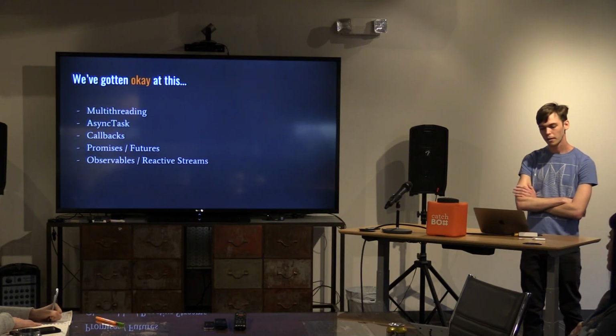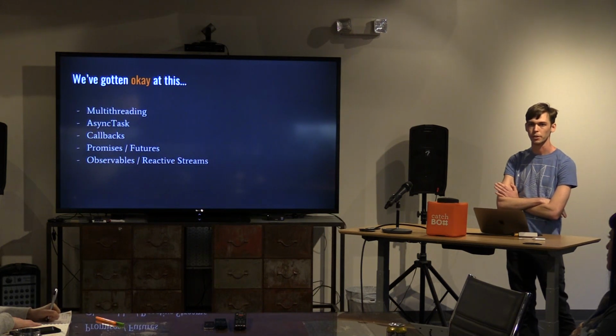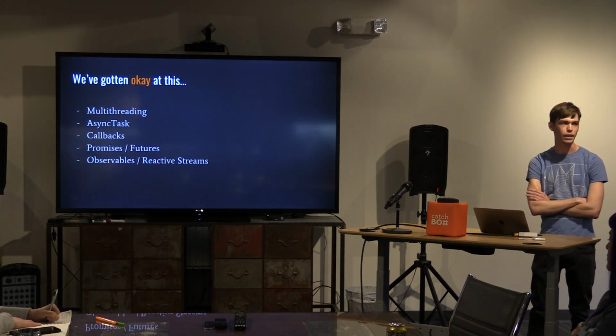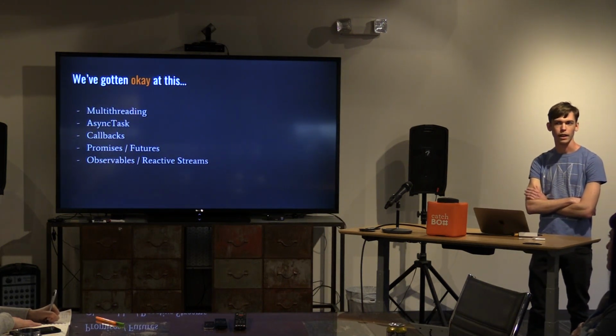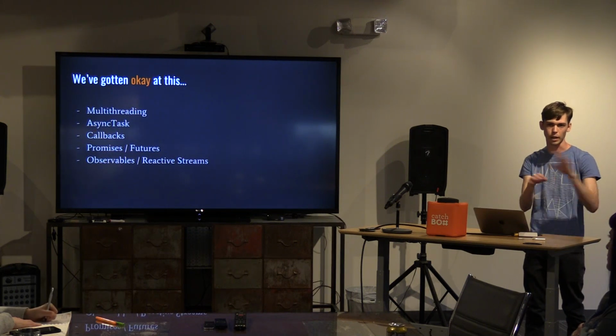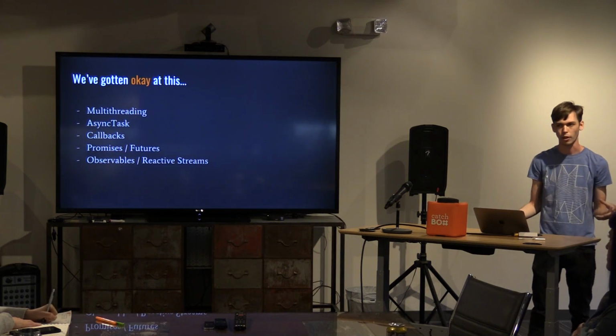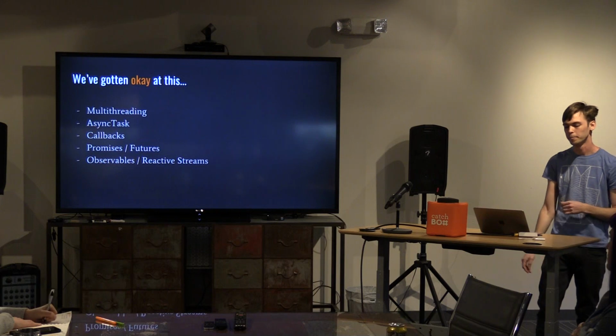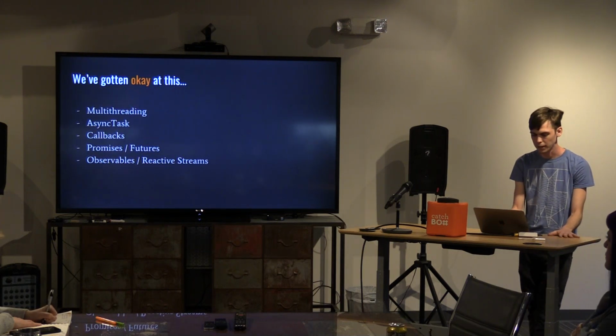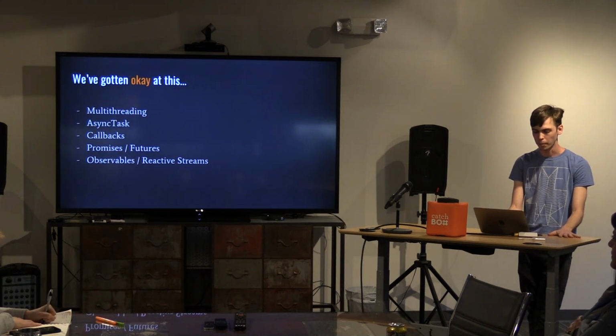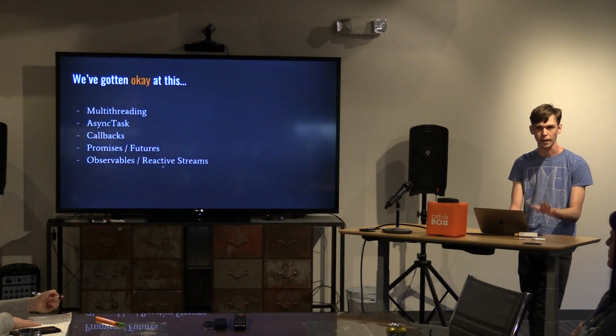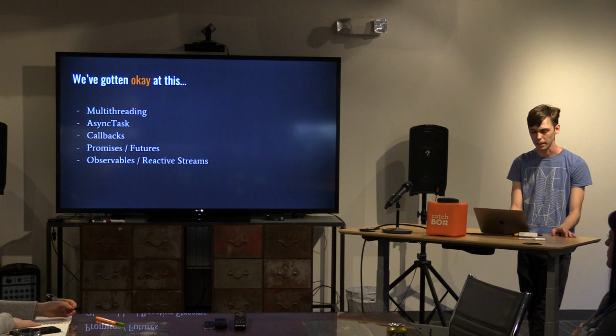Futures and promises and reactive streams like observables in RxJava are all just fancier APIs on top of what's really just callbacks under the hood. But how good are these at actually solving the async problems that we see day to day?